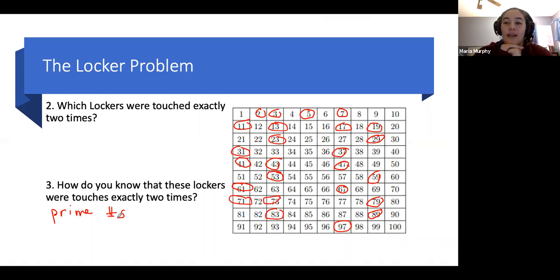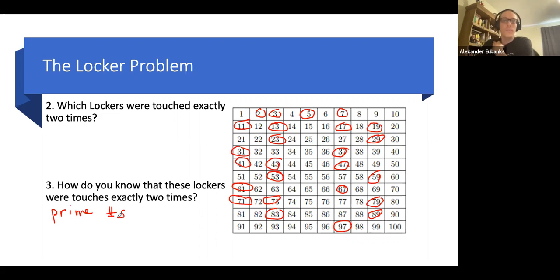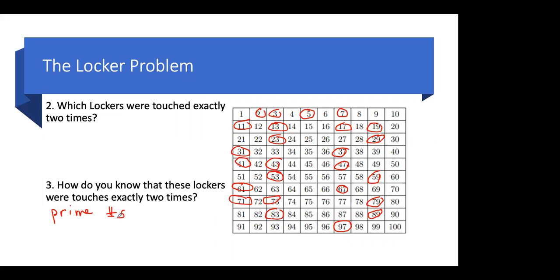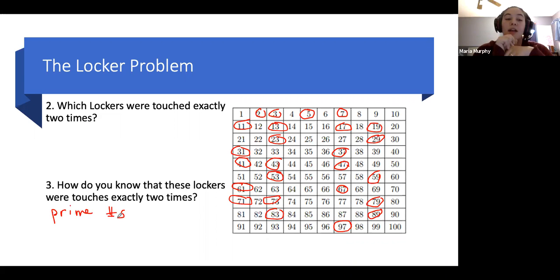So why do we not use 1 as a prime number? Anyone know? Go ahead, Erica. Because 1 can only be multiplied by itself. Right, so it will only be touched once at the very beginning.